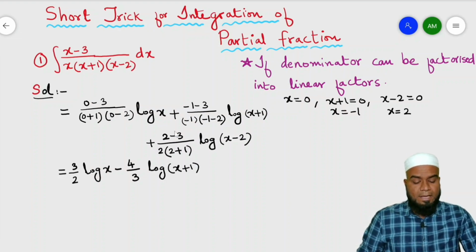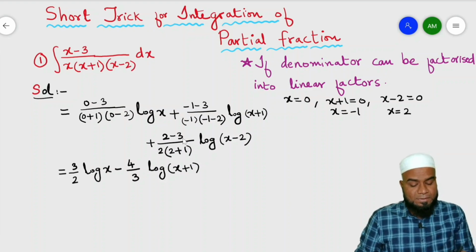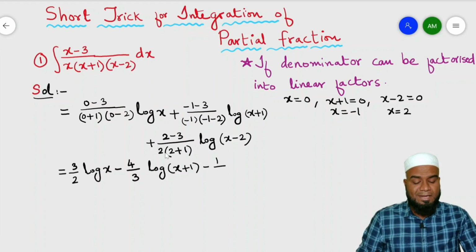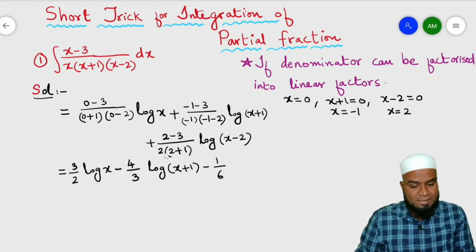And here 2 minus 3 is minus 1, and 2 plus 1 is 3, into 2 is 6, so 1 by 6 log of x minus 2.